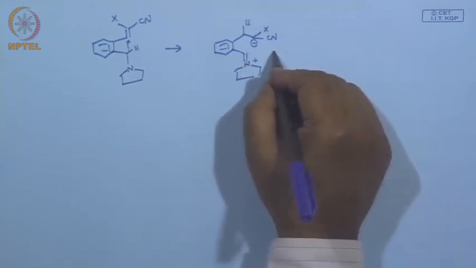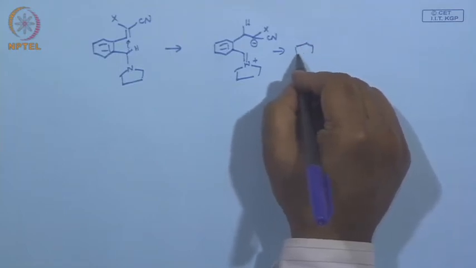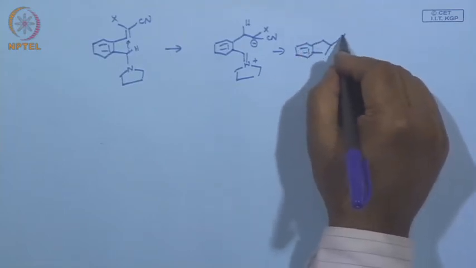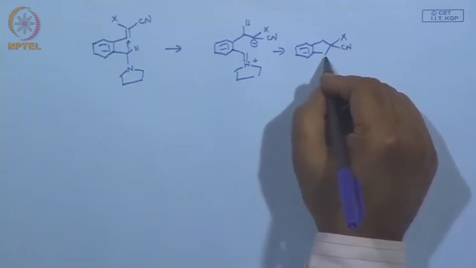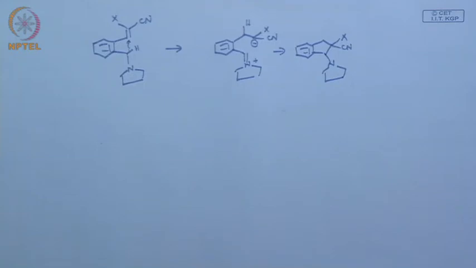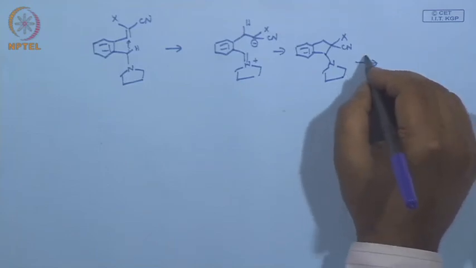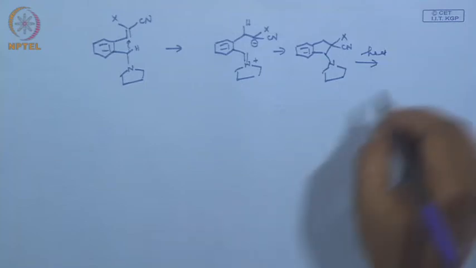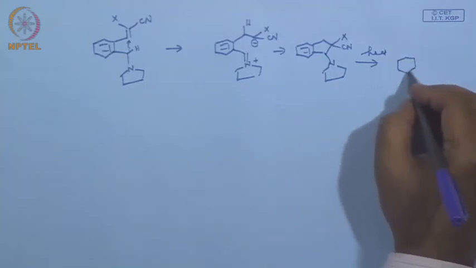So what do you get? You get the sort of indane derivative, with X here, cyano, and this nitrogen and this one, and this is formed. Okay. Then if you heat it, what do you expect? I think I will not write the mechanism, but all of you can guess.